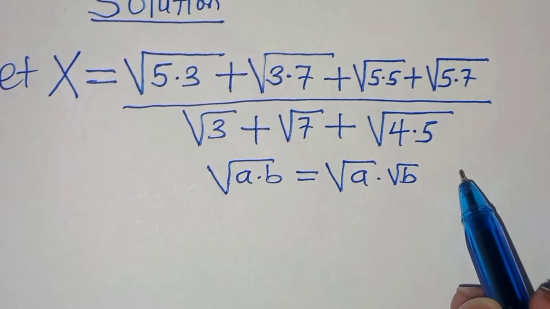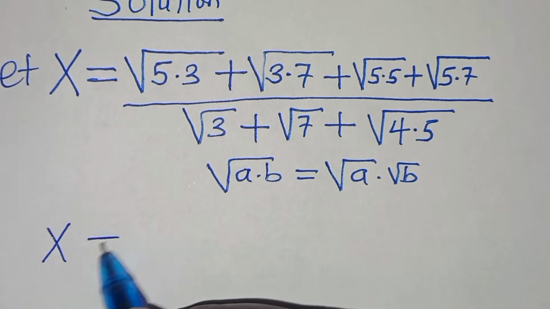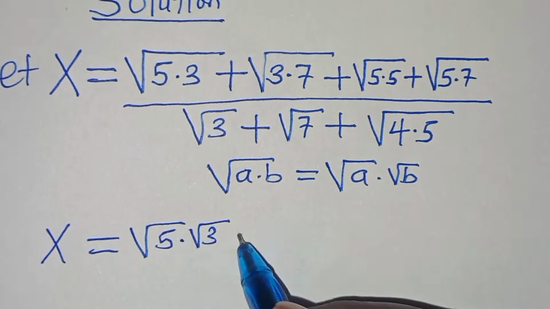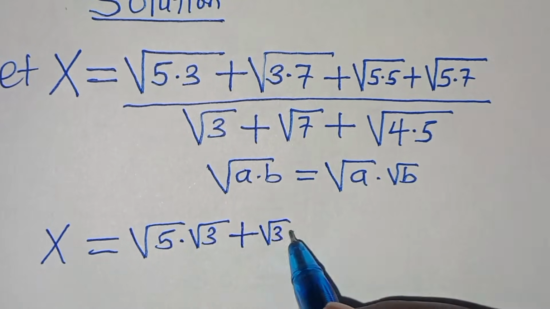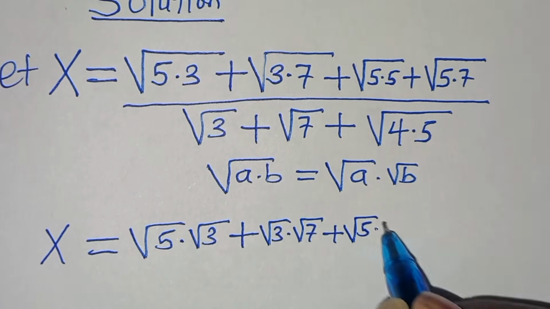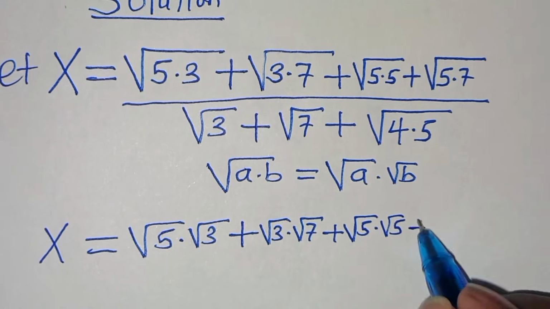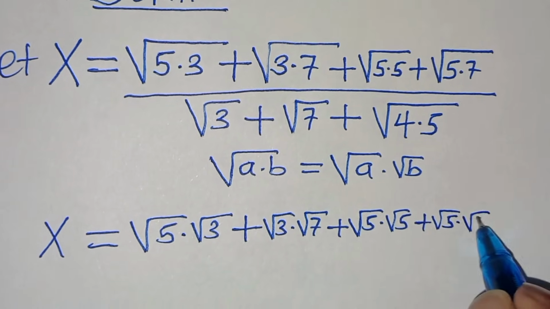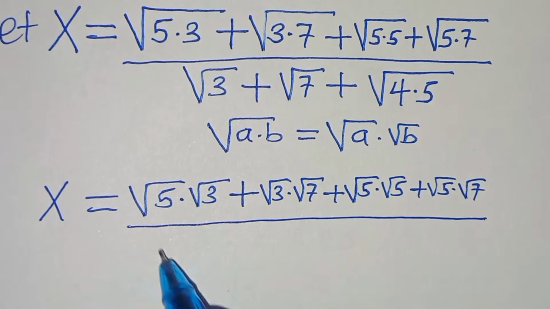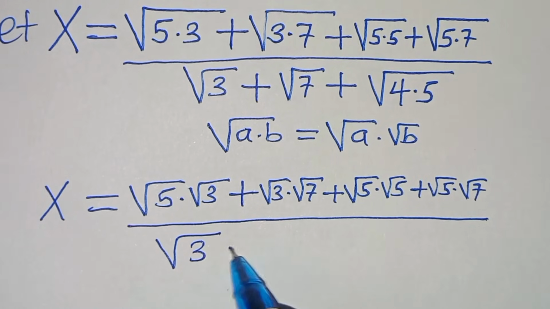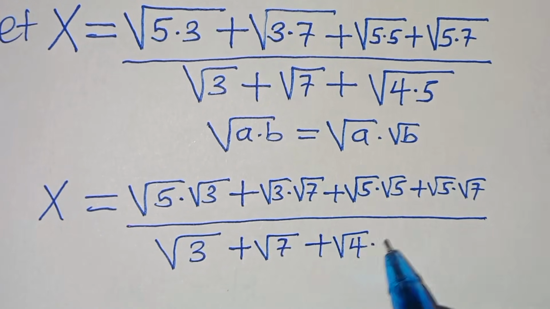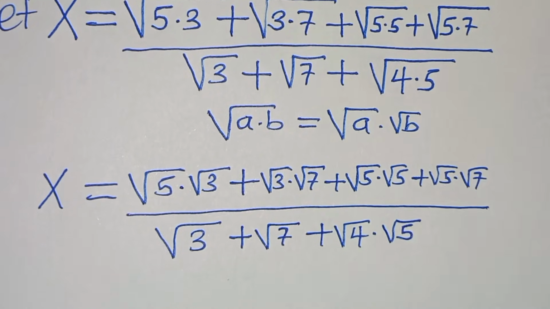Applying this property, we have x is equal to square root of 5 times square root of 3, then plus square root of 3 times square root of 7, then plus square root of 5 times square root of 5, then plus square root of 5 multiplied by square root of 7, divided by square root of 3 plus square root of 7 plus square root of 4 multiplied by square root of 5.